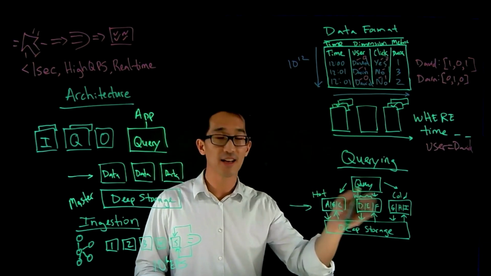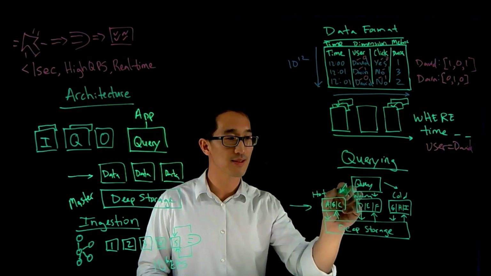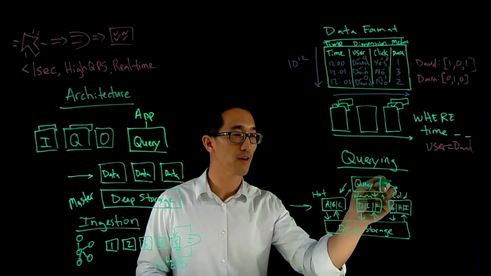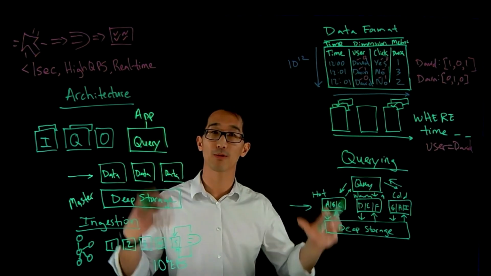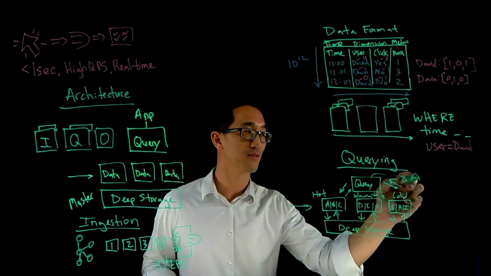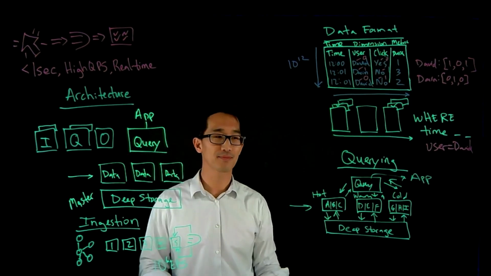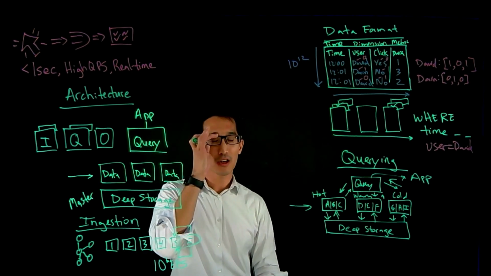And then each data node will be responsible for the partial result set, and then it will send the result back up to the query node. So that's why it's called scatter gather. And then the query node will be responsible for merging that result set and then presenting it back out to the application.